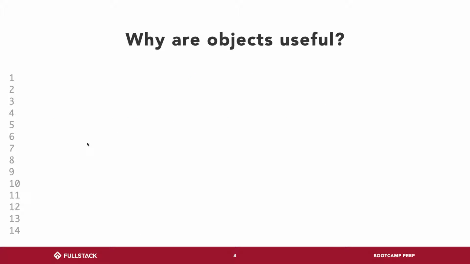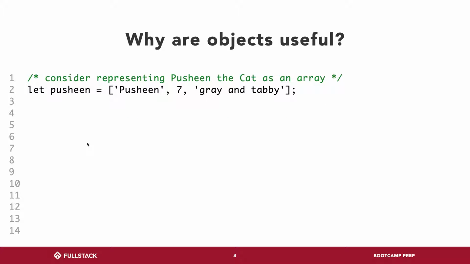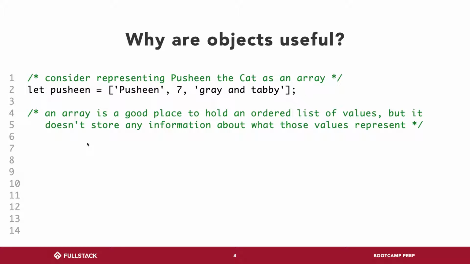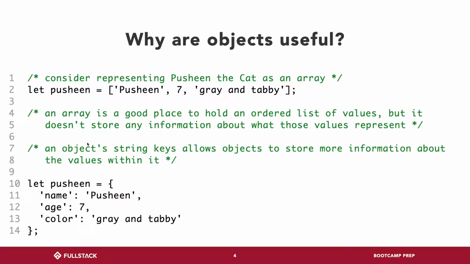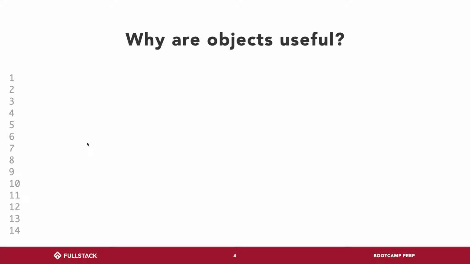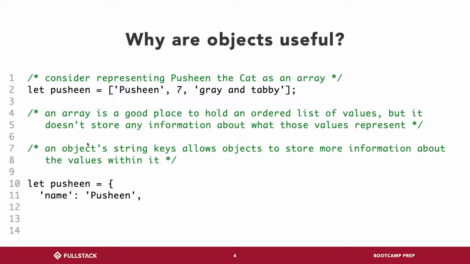Cool. So why are objects useful? Consider representing Pasheen the cat as an array. An array is a good place to hold an ordered list of values, but it doesn't store any information about what those values actually represent. So an object with string keys allows objects to store more information about the values within it. So you could see Pasheen's name is Pasheen, its age is 7, and the color is gray and tabby.